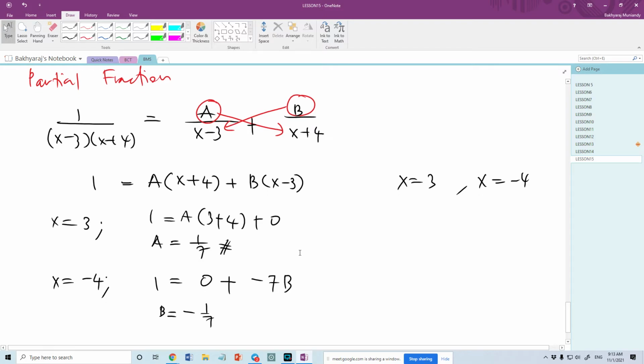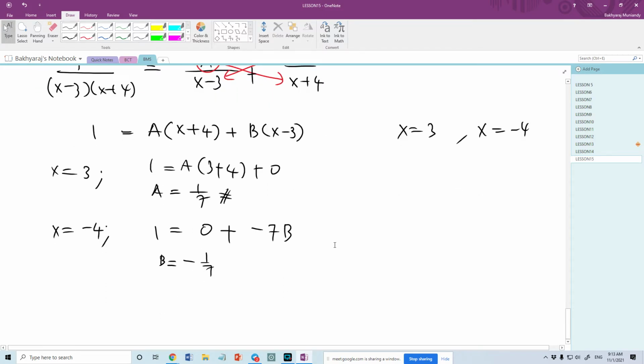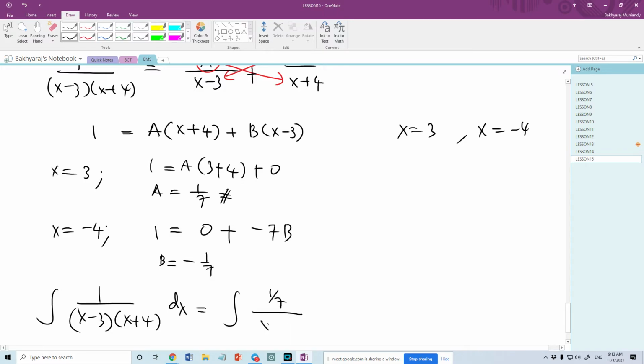Now you substitute them into the integration. So integrate 1 over x minus 3, x plus 4 dx will give you integrate 1/7 over x minus 3 minus 1/7 over x plus 4 dx.